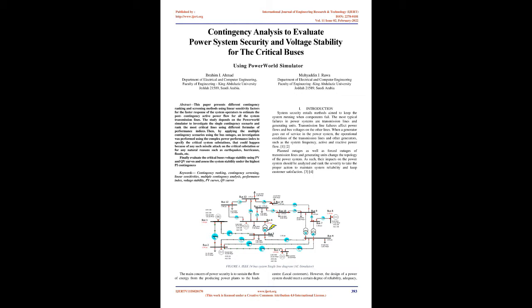Then, by applying the multiple contingency scenarios using the bus outages, an investigation was performed using the complex power performance index to specify the critical system substations that could be affected by any missile attack on a critical substation or by natural causes such as earthquakes, hurricanes, floods, etc. Finally, evaluate the critical bus's voltage stability using PV and QV curves and assess the system stability under the highest PI contingency.